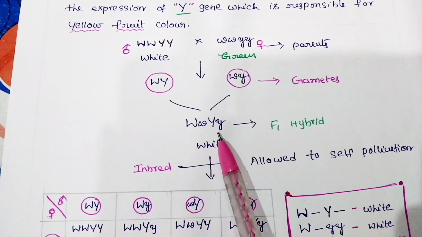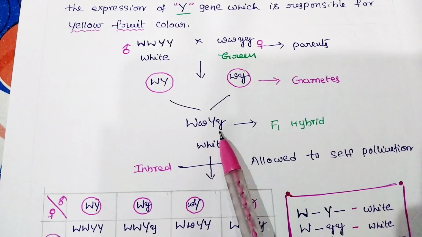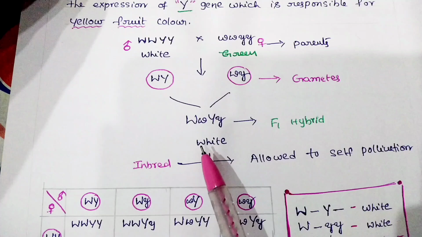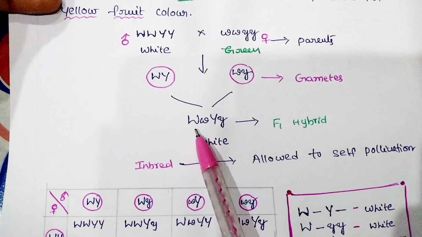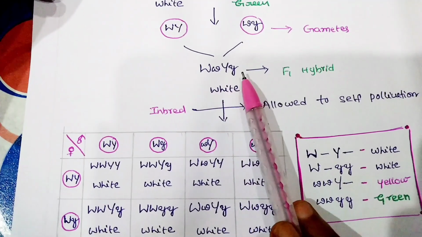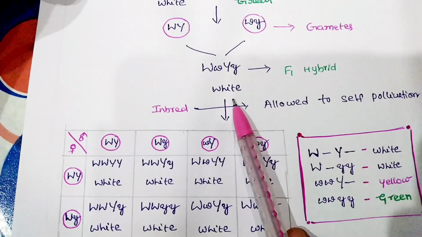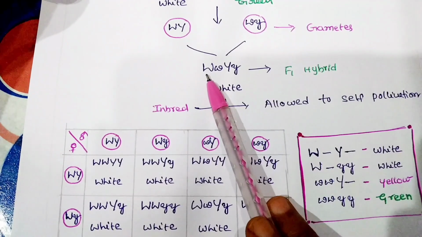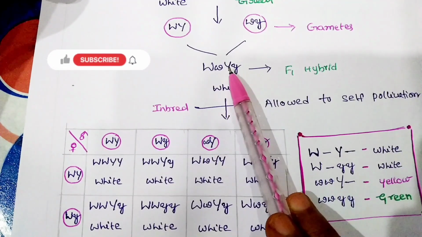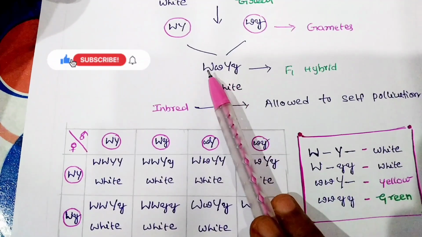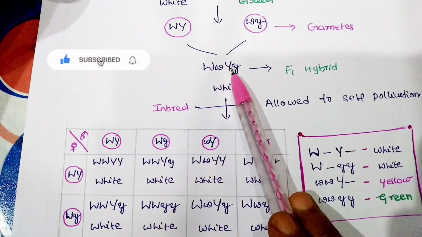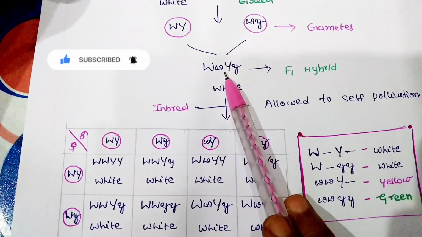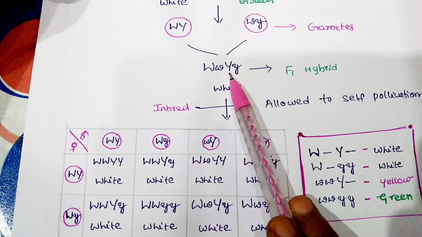The F1 individual is heterozygous for both genes, so it has four different alleles. It also expresses white color. Why? Because capital W is for white fruit, which suppresses the yellow fruit color. A dominant gene is suppressing another dominant gene. That's why this epistasis is called dominant epistasis.